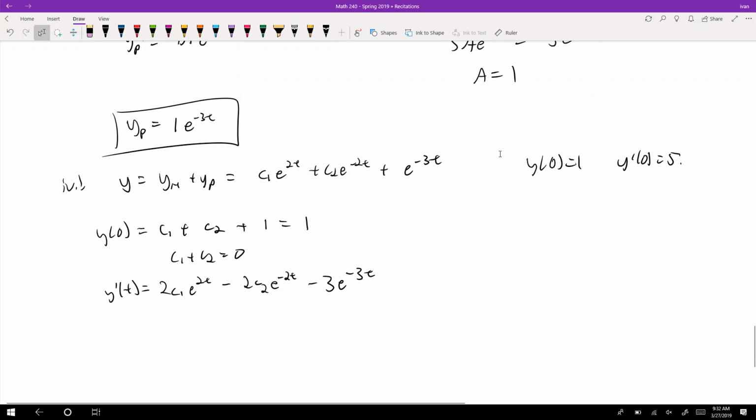Now I use my second initial condition, which says that y prime at 0 is equal to 5. So plug in 0. This is 2c1 minus 2c2, and then minus 3 times 1, is equal to 5. So my second condition is 2c1 minus 2c2 is equal to 8.